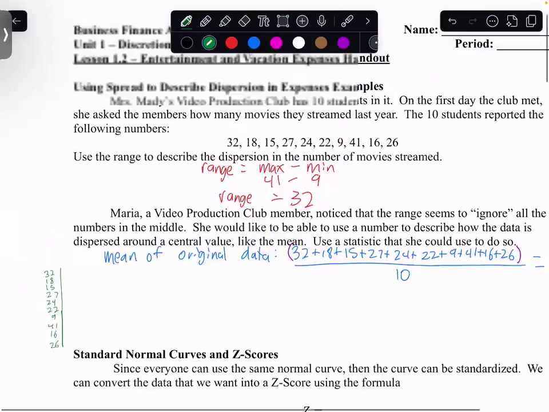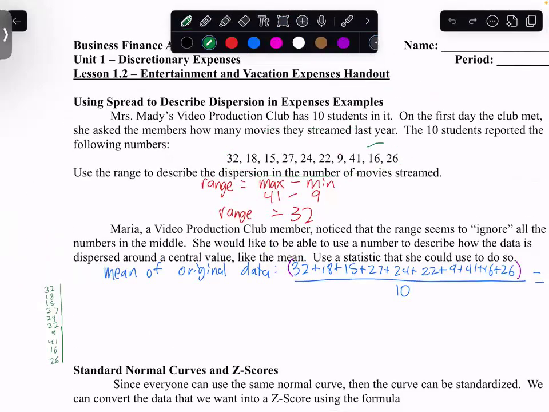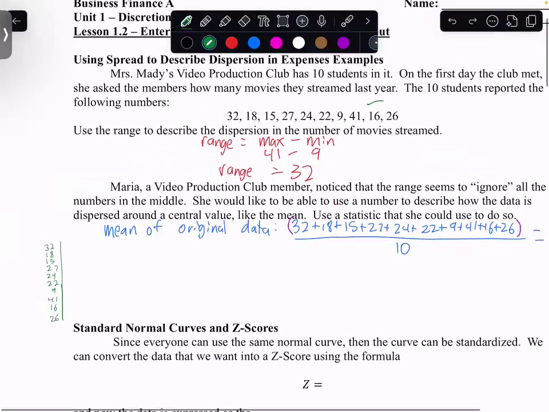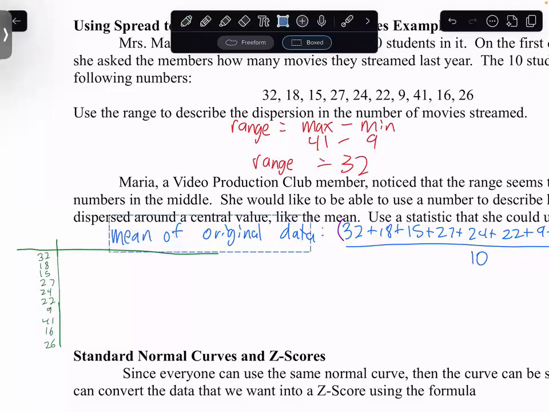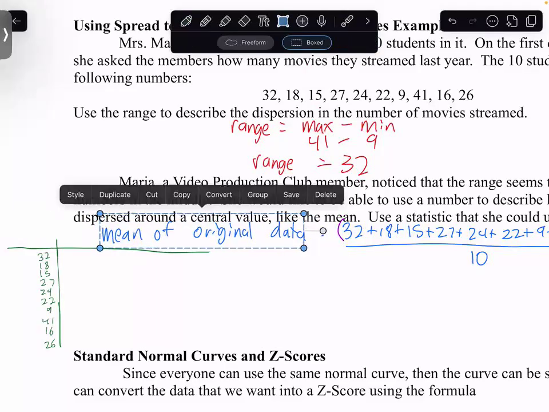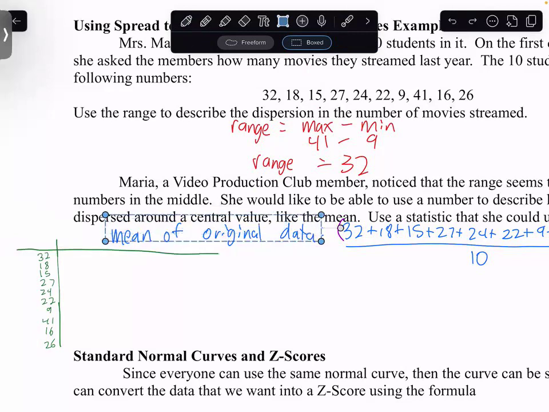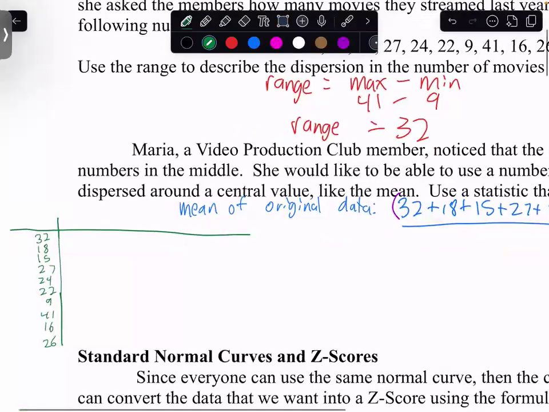Okay, so again, I've just copied the original data down. I guess you could have done this horizontally. It might have been a smarter strategy, but sorry, I didn't think about it. Okay, so that's the original data. You can label it if you want.